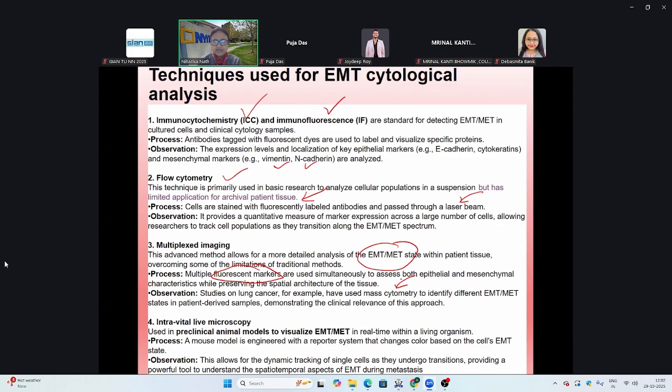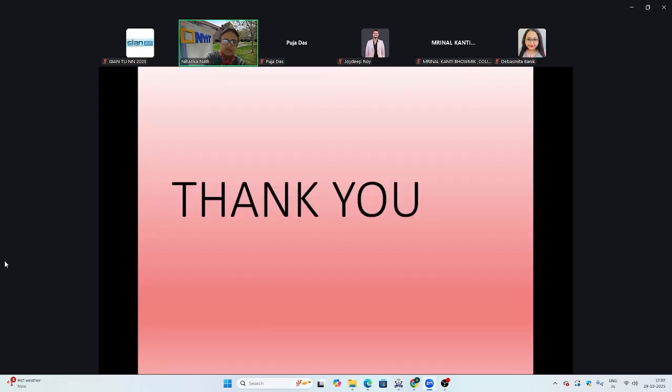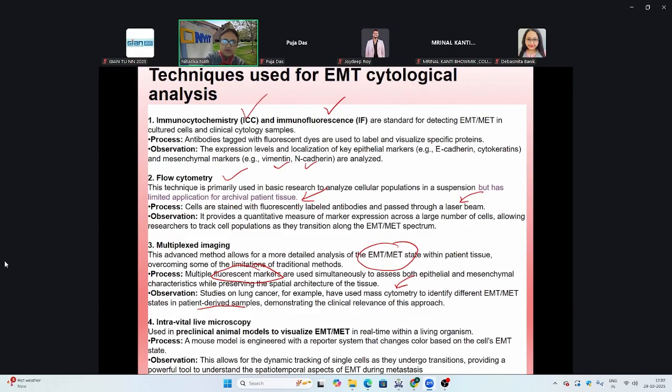In lung cancer, they have used mass cytometry to identify these different states in patient-derived samples. And the best one was really intravital live microscopy, but at this point it's only used for preclinical animal models, to visualize the transitions.